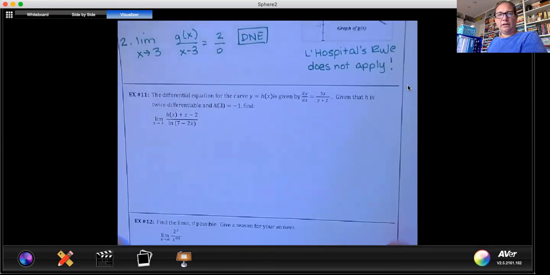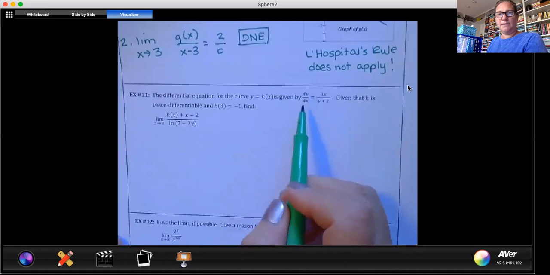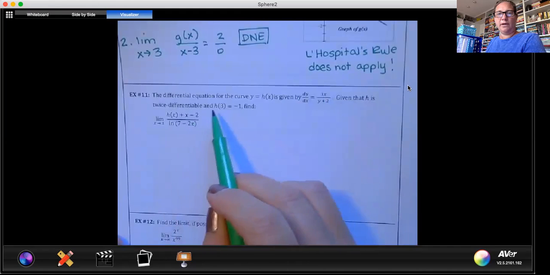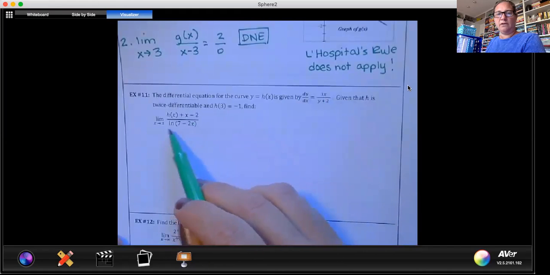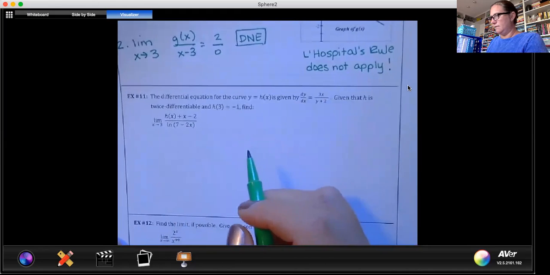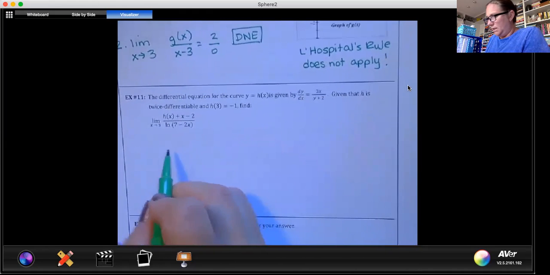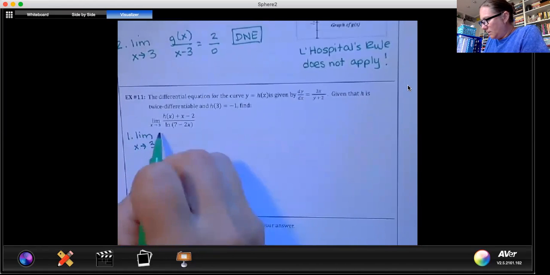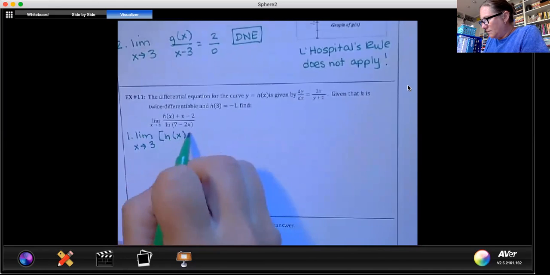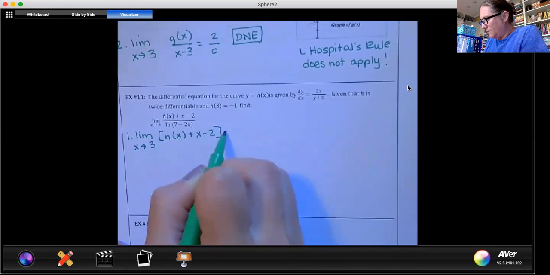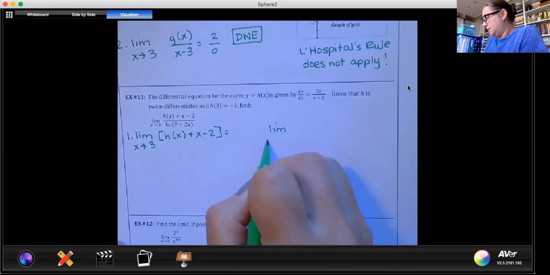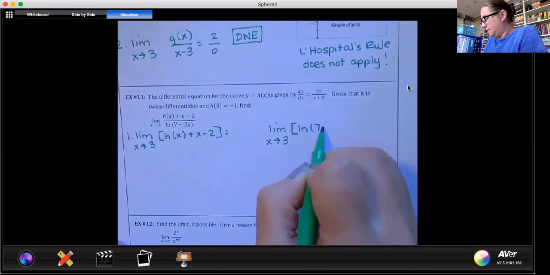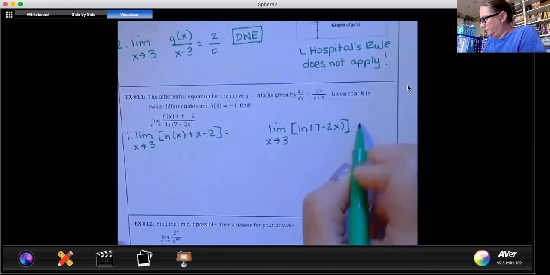The differential equation for the curve y equals h of x is given by dy/dx equals 3x over y plus 2. Given that h is twice differentiable and h of 3 is negative 1, find your limit that you see here. All right, the first thing that we want to do is say our limit as x approaches 3 of h of x plus x minus 2, and the limit as x approaches 3 of ln of 7 minus 2x.